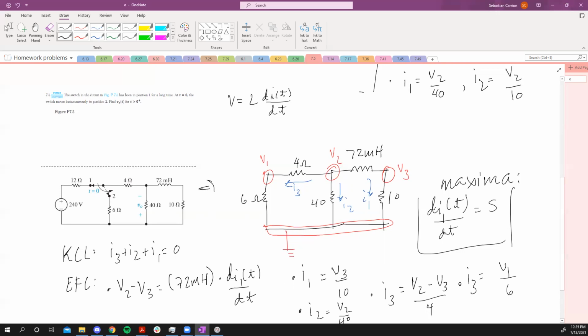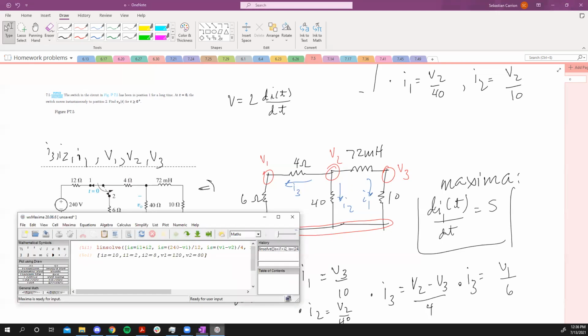Our variables are I3, I2, I1, V1, V2, V3. So we have 6 variables and 6 equations.